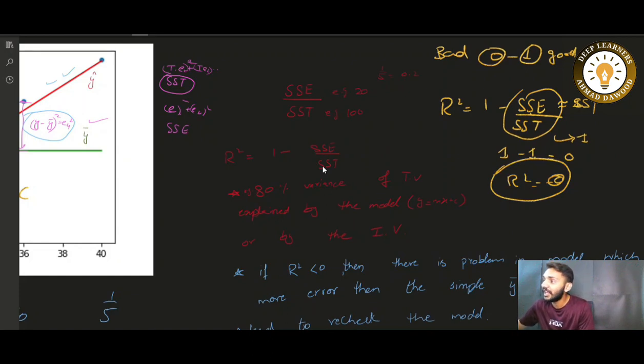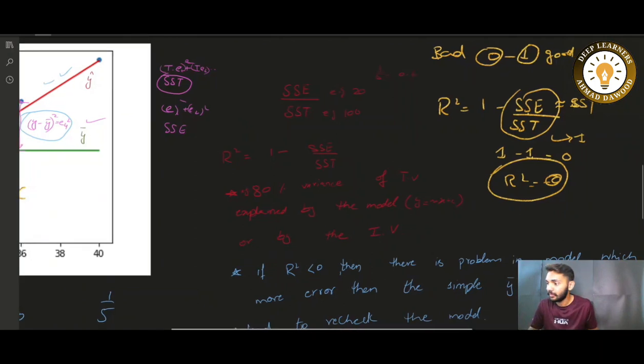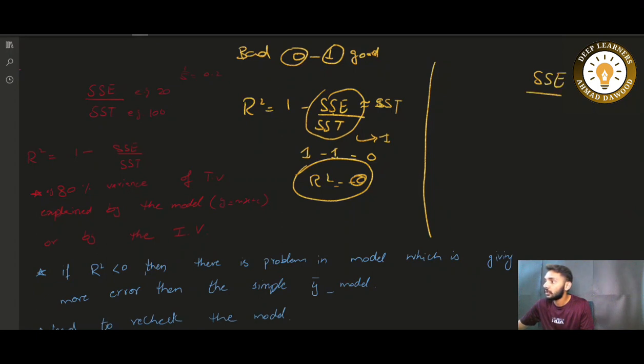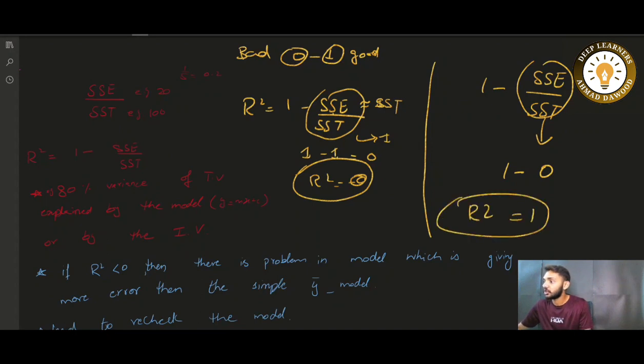If SSE is very low, approximately equal to 0, divided by SST this term will become 0, and 1 minus 0 equals 1. Then you can say your model is very good.